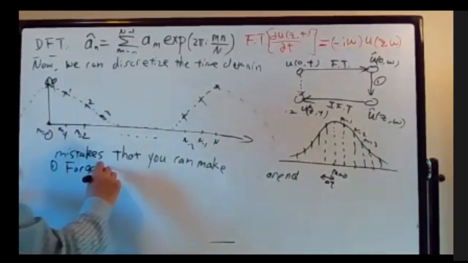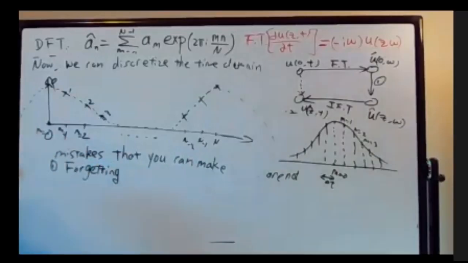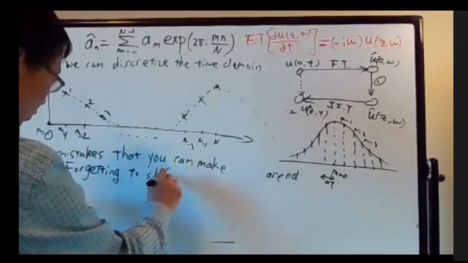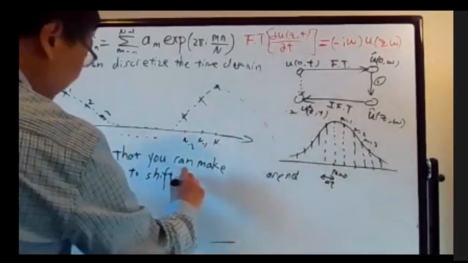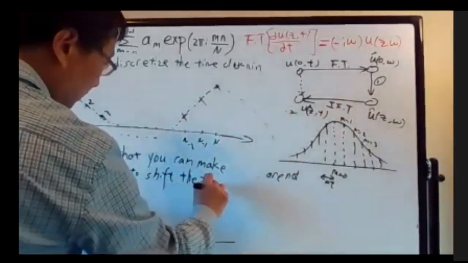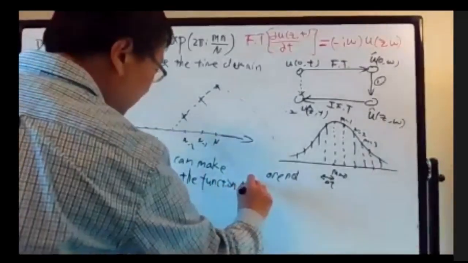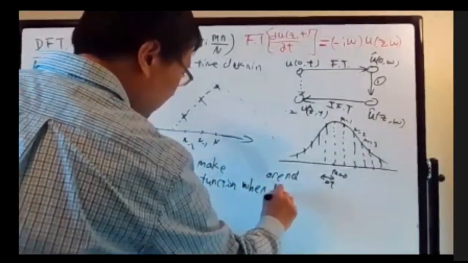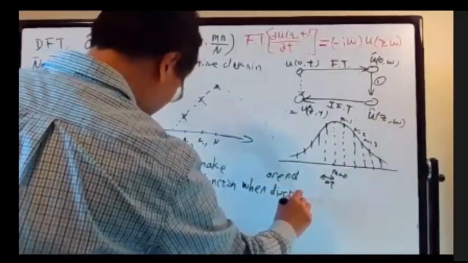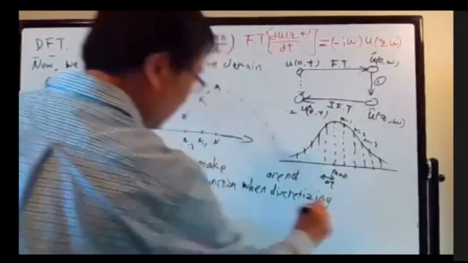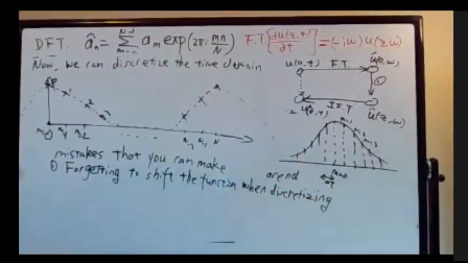We need to shift, right? Forgetting to shift the function when discretizing.